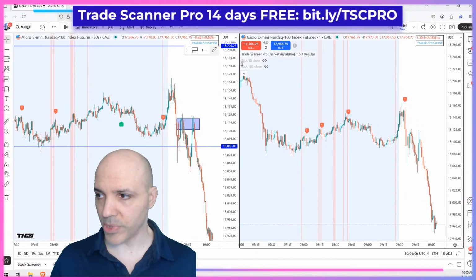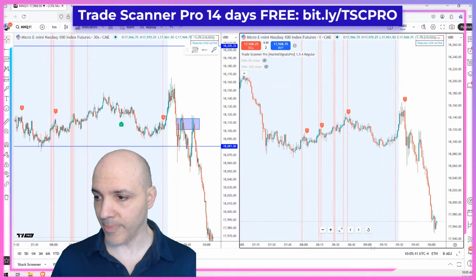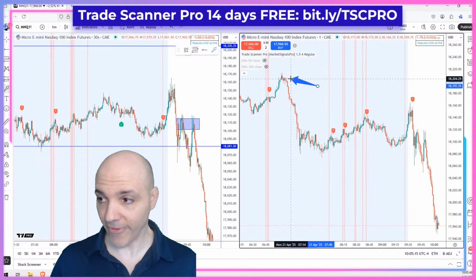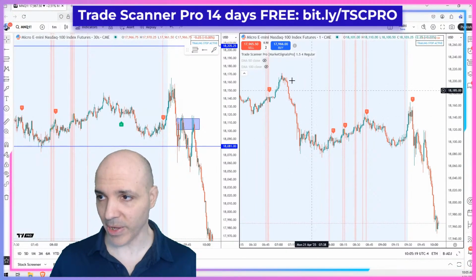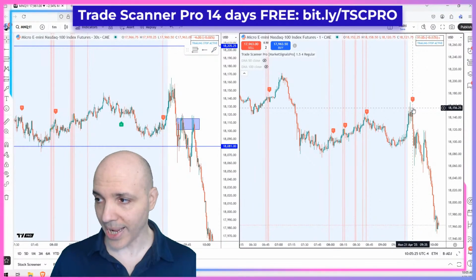But this lower high was in place, right? Lower high relative to this high. That's definitely lower. These highs don't really count because this is your dominant high. None of those highs took out this high, right? So this is a lower high.